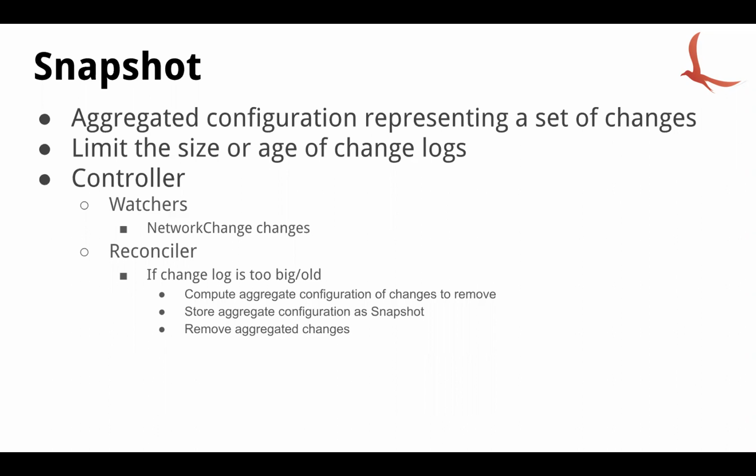If it's too big, it computes an aggregate configuration of the changes, stores that in a snapshot, and then removes those changes so that it's not growing infinitely. So that's basically the state of ONOS config as it was originally designed or originally written.